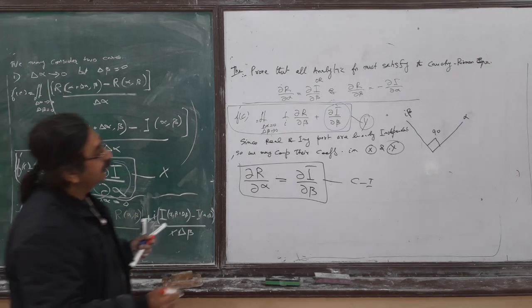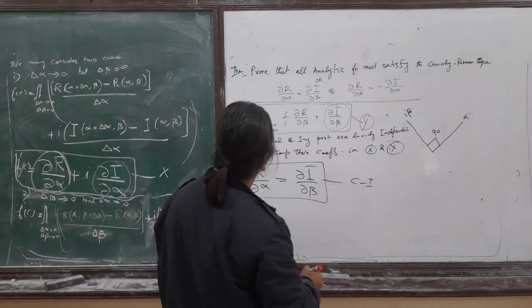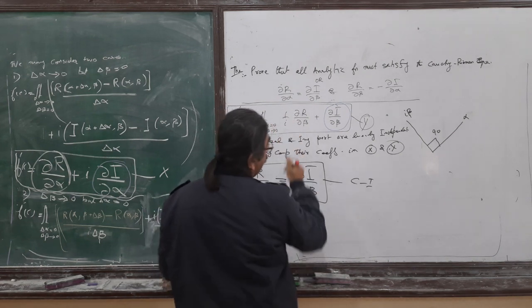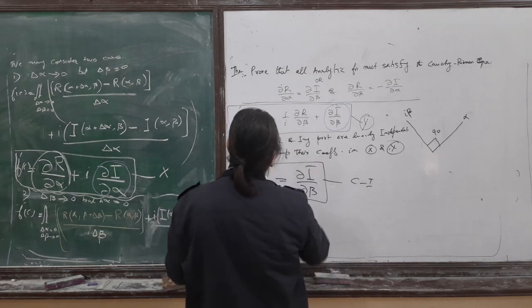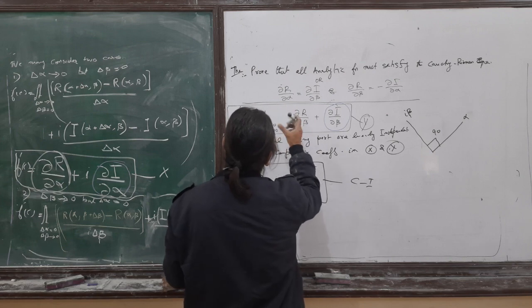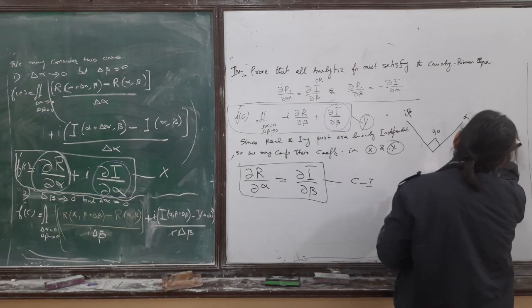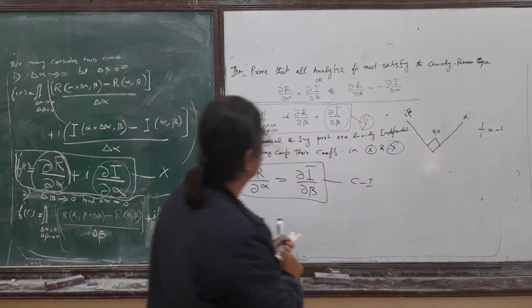And here this is imaginary, but we may write it as minus iota. Why? Because 1 over iota is equal to minus iota. Okay.